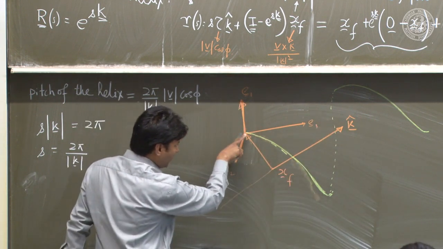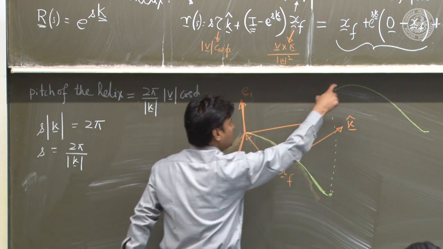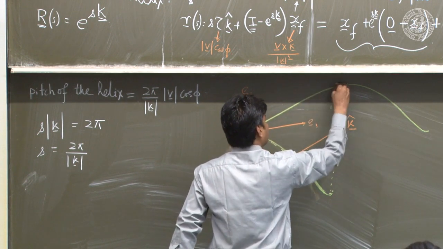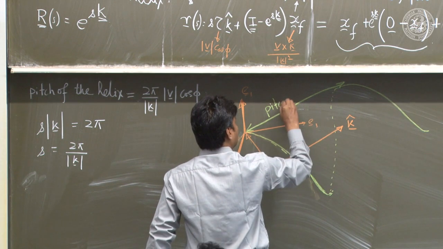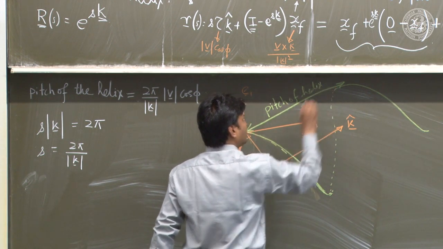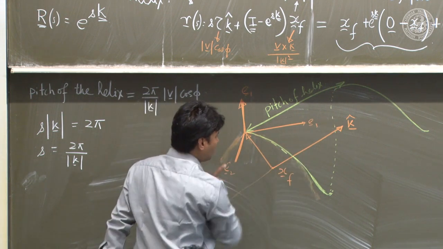So you see, when does it make a turn of 2 pi? When it comes from here to here, right? And this is the pitch of the helix. When it makes one full turn, how much is the translation?